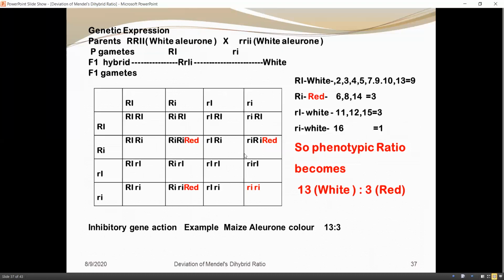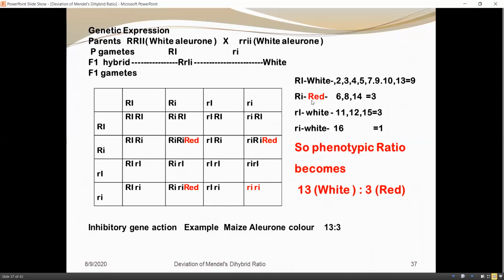Here we can see where there is capital R and capital I, it is white. Capital R, small i will be red. Small r, capital I will be white, and small r, small i will be white. So in 1, 2, 3, 4, 5, 7, 9, 10 and 13, the color will be white, because in presence of capital I, the R does not produce color.